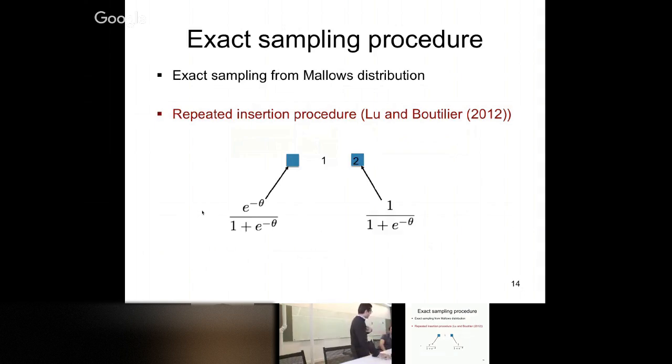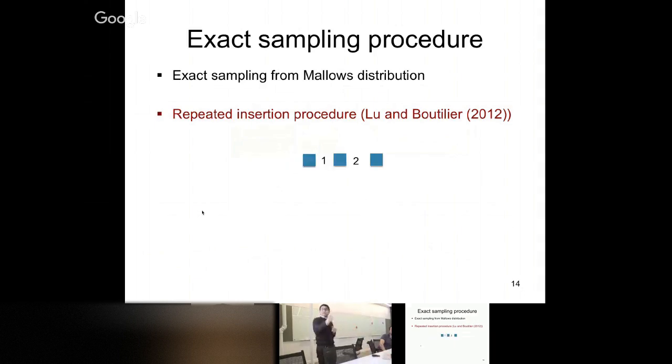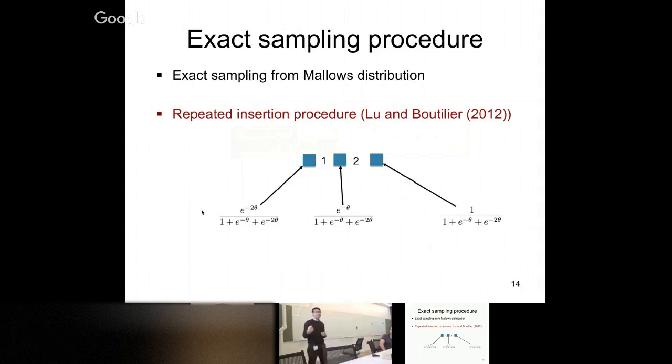Now let's say I place it to the right. Now for 3, I have 3 options. I could place it here, here, or here. And I just do it with geometrically decreasing probability. I place it in the rightmost position with probability proportional to 1, then proportional to e power minus theta, and proportional to e power minus 2 theta.